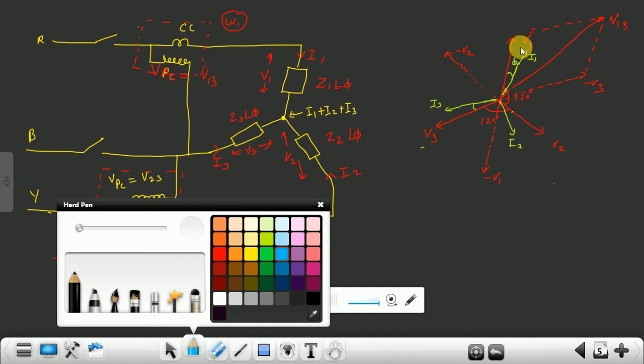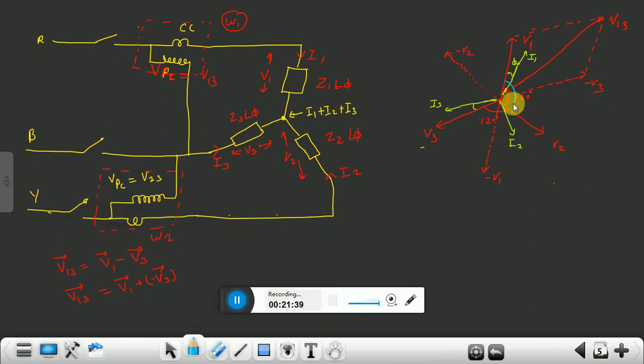Minus V1 is just opposite to V1, so the angle is 180 degrees. The angle between V1 and V2 is 120 degrees.